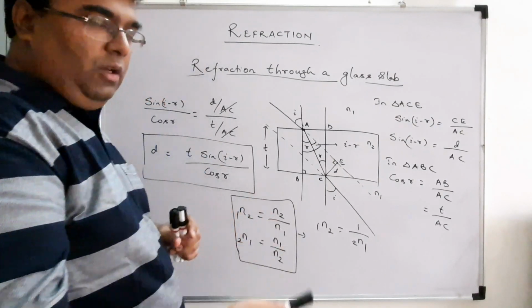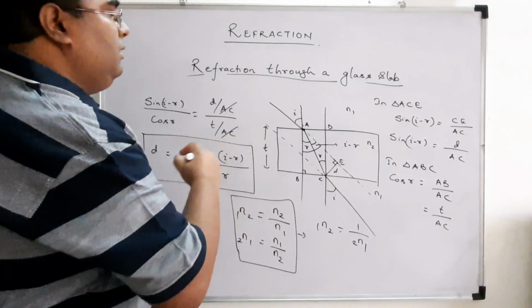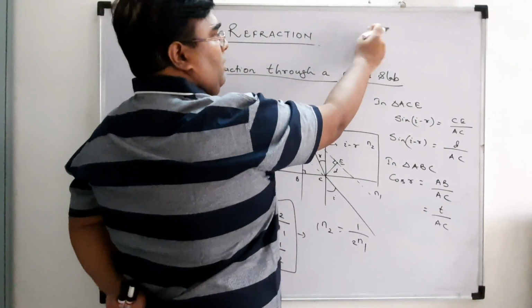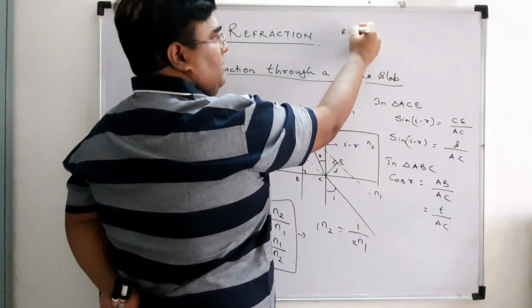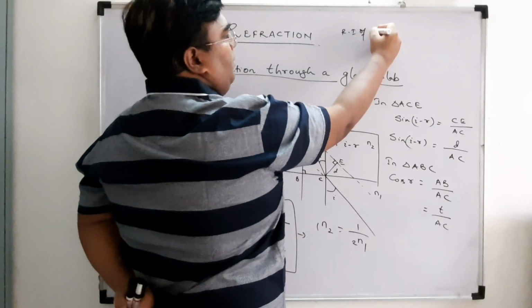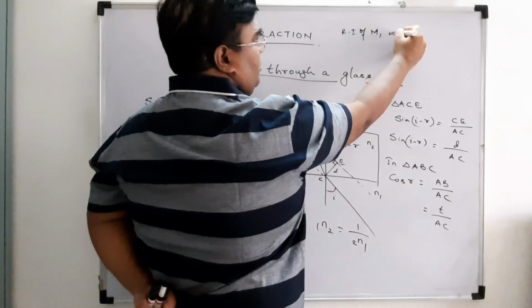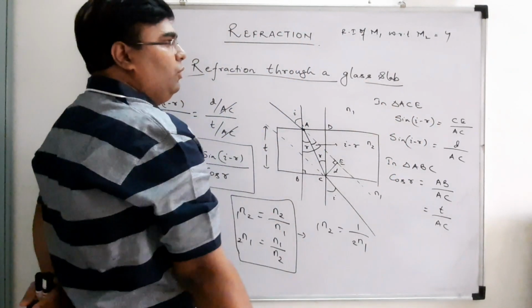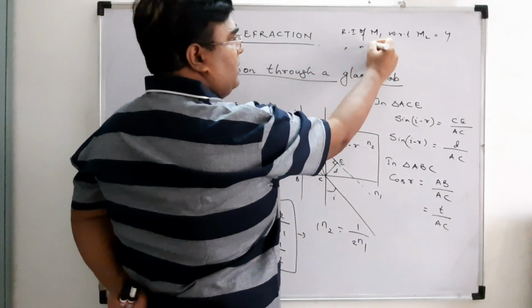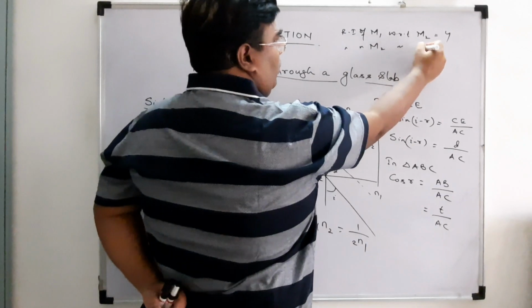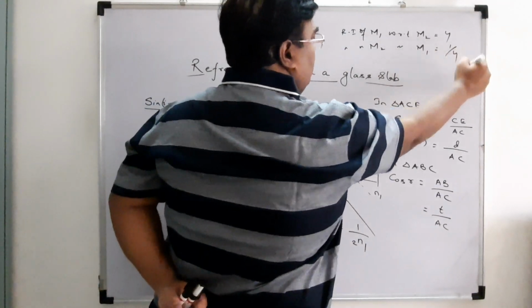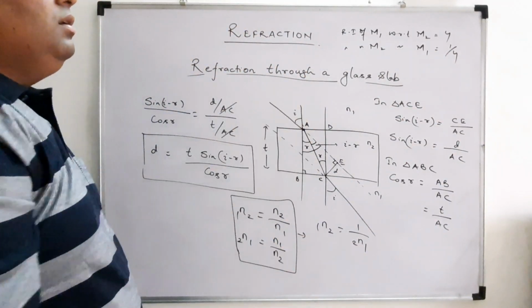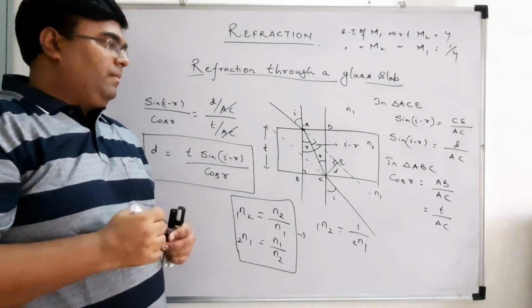So suppose we know that the refractive index of medium 1 with respect to medium 2 is 4, then the refractive index of M2 with respect to M1 will be what? 1 by 4. Just take the reciprocal.